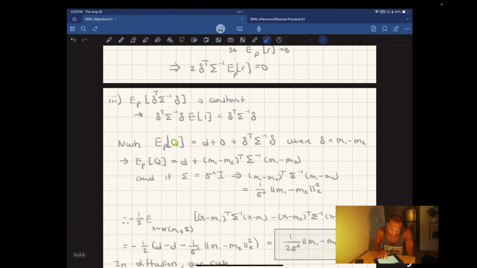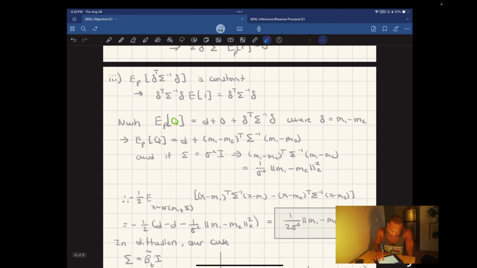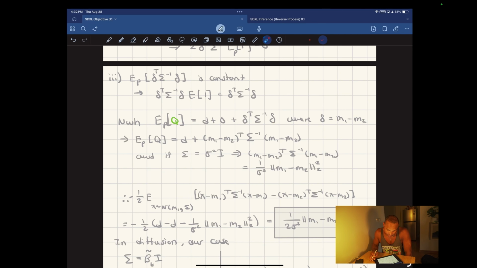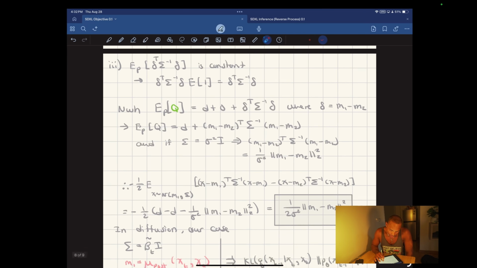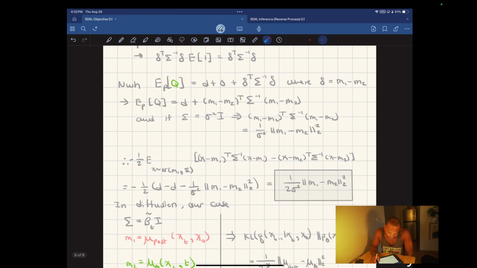So if this whole thing is Q, the expectation under P of Q here is equal to this. Well, remember delta is defined as M1 minus M2, right? So if we swap delta for M1 minus M2, we get this. And sigma is a diagonal covariance matrix, right?